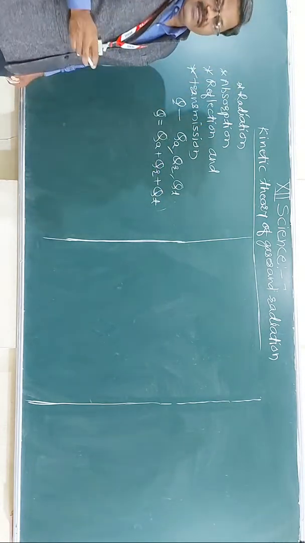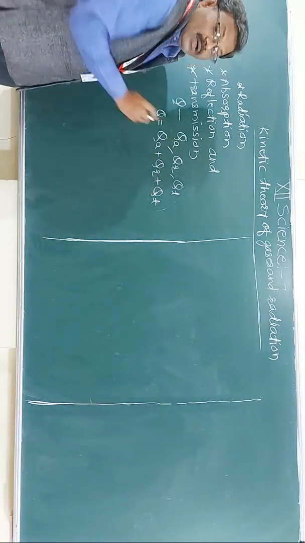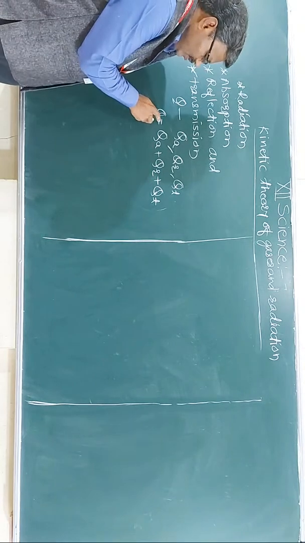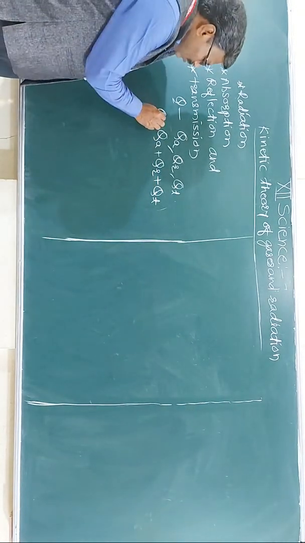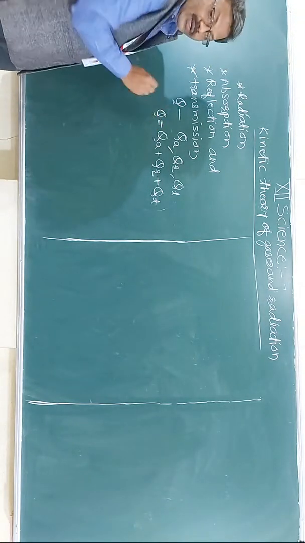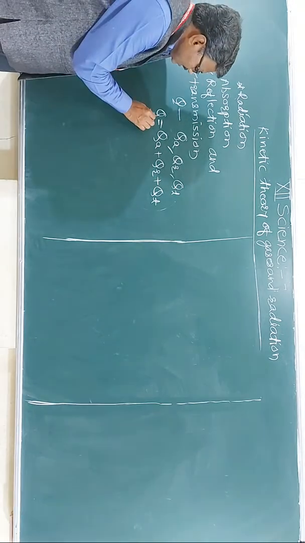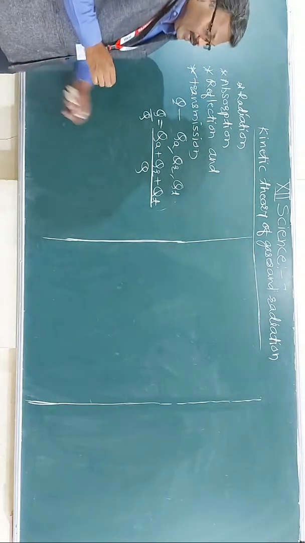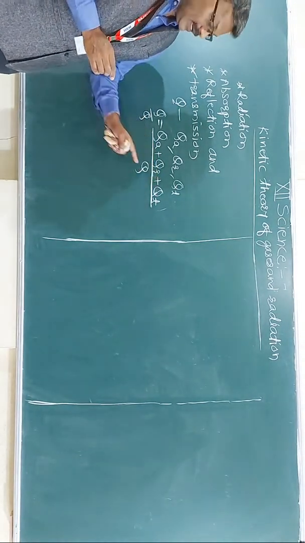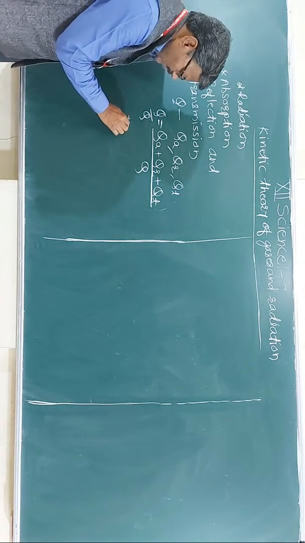Therefore, we can write the equation as Q = QA + QR + QT. Now, dividing by Q on both sides, we get Q/Q = (QA + QR + QT)/Q. But Q/Q is equal to 1.